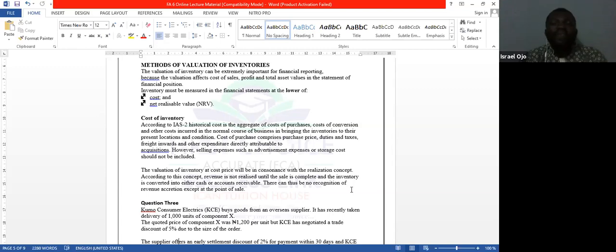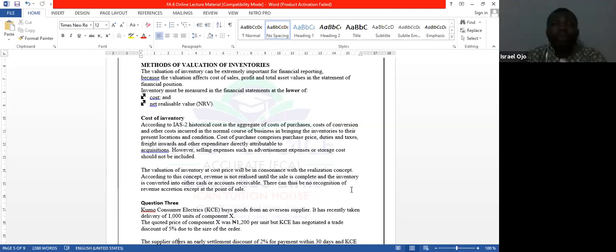If you remember and flash back to your Simplify or back to your Sunday school, when we did what we call manufacturing account, we started with raw material. After that, we looked at direct cost. We added them together to give us prime cost. Then we looked at indirect cost, our overhead.